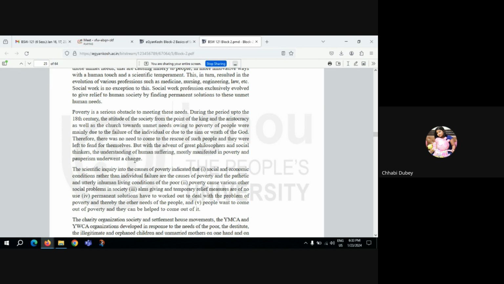So they used to say that if individuals had unmet needs, going to poverty was a result of the wrath of the gods or because of sins, and there was no need to come to the rescue of such people. Most of them were left to fend for themselves. But with the advent of great philosophers and social thinkers, this understanding of human suffering has undergone a great deal of change.